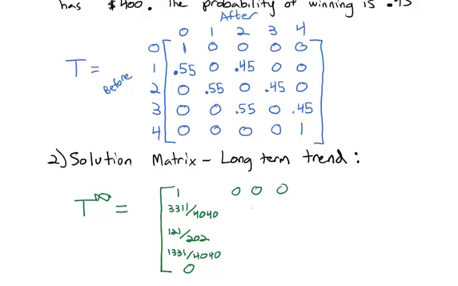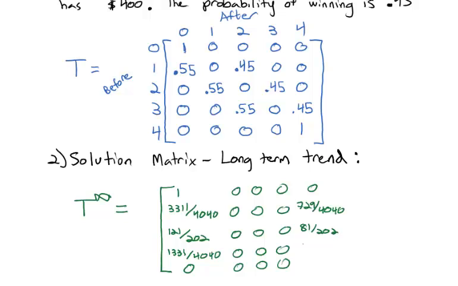Then we had 3 columns of zeros. And then finally in the end, we've got a 0, then there was a 729 at a 40-40, then there was an 81 at a 202, then 2709 at a 40-40, and finally a 1.